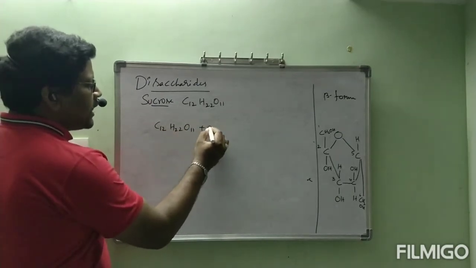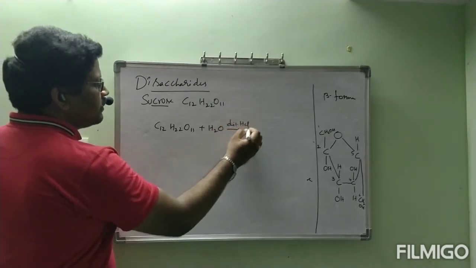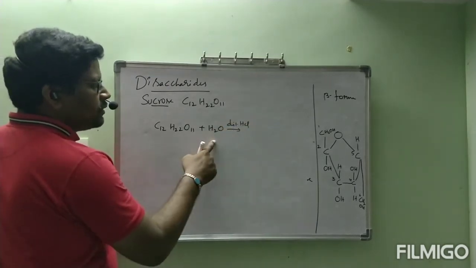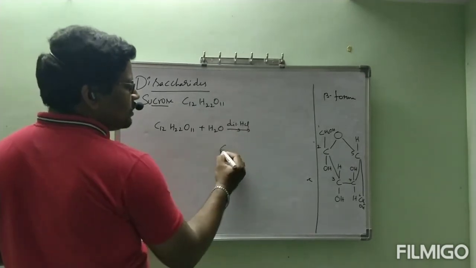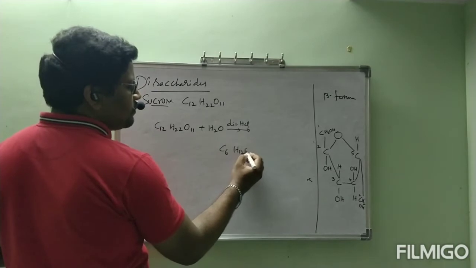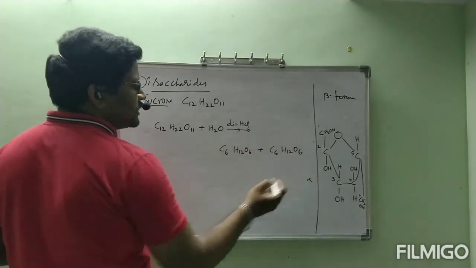C12H22O11 on hydrolysis in the presence of dilute HCl will form C6H12O6 plus C6H12O6.